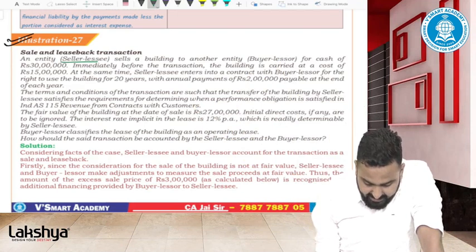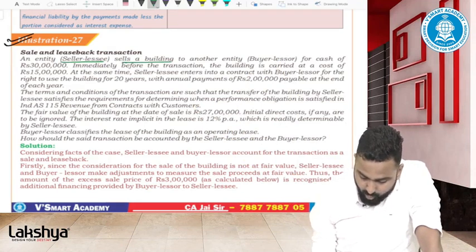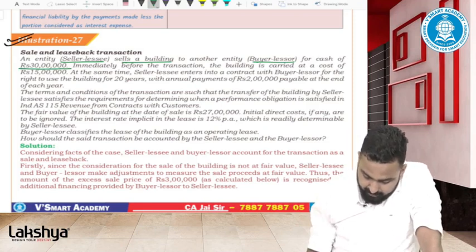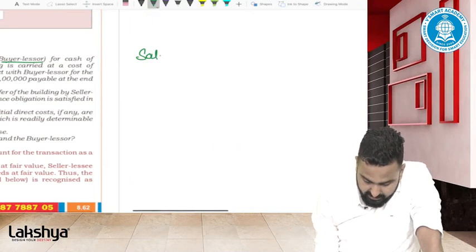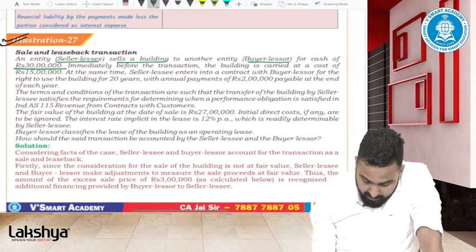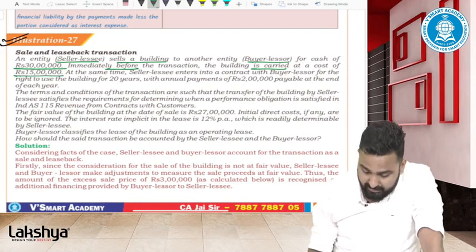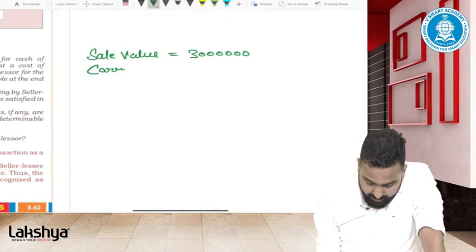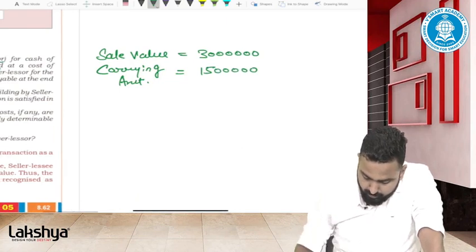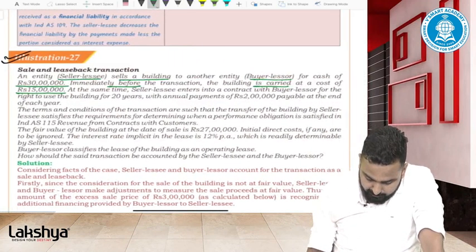An entity, seller lessee, sells a building to another entity, buyer lessor, for cash of rupees 30 lakh. So basically the sale value is 30 lakh. Immediately before the transaction, the building is carried at a cost of 15 lakh. So the carrying amount is 15 lakh.